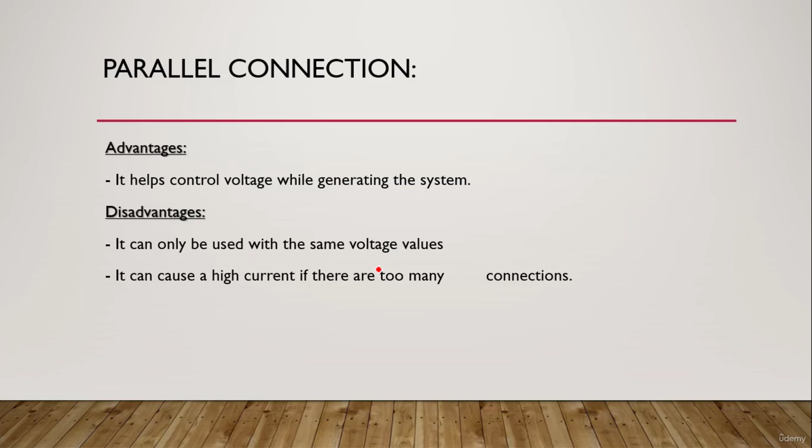This method of connection has multiple advantages and disadvantages. One of these advantages is that it helps to control the voltage while generating the system current. Also, it has multiple disadvantages, like it's used with the same voltage value.